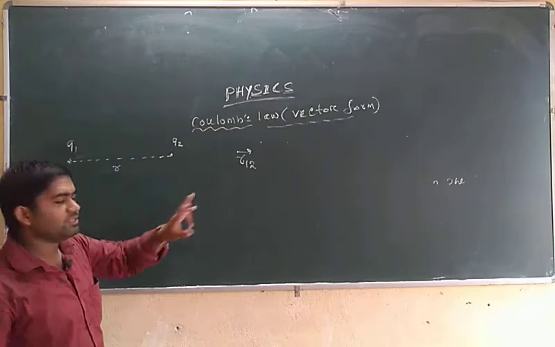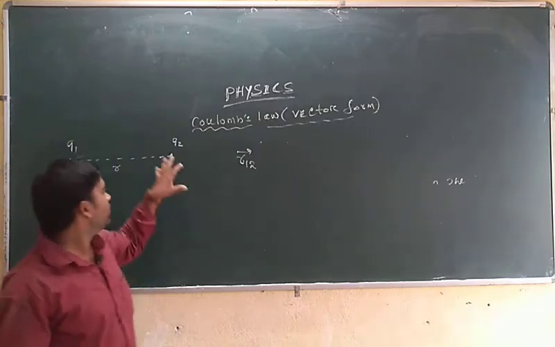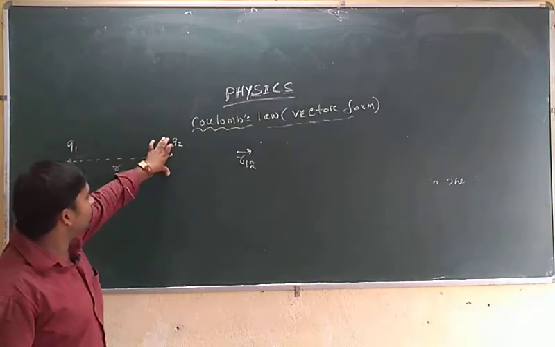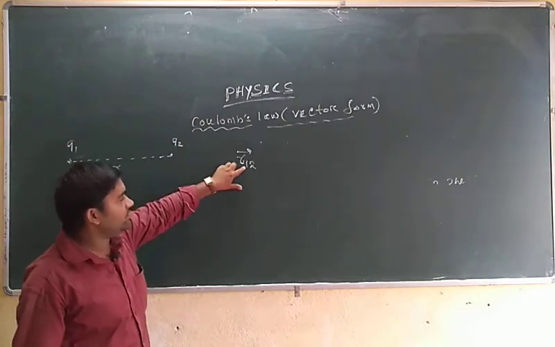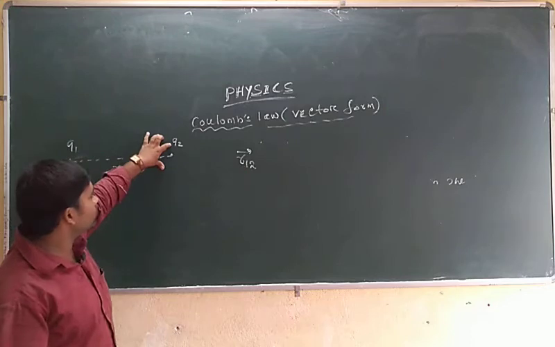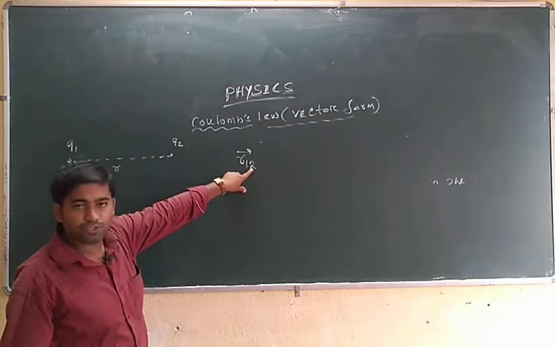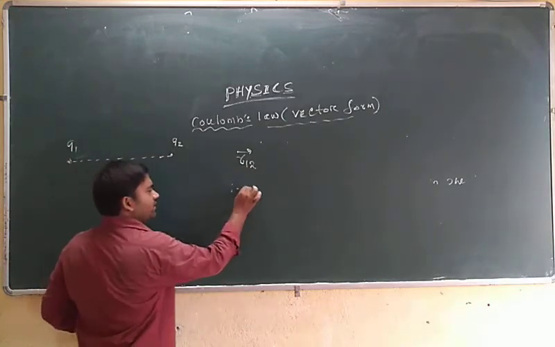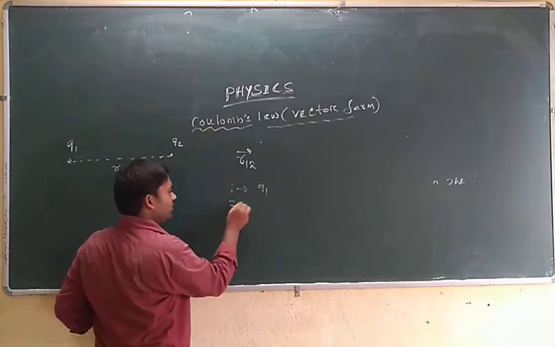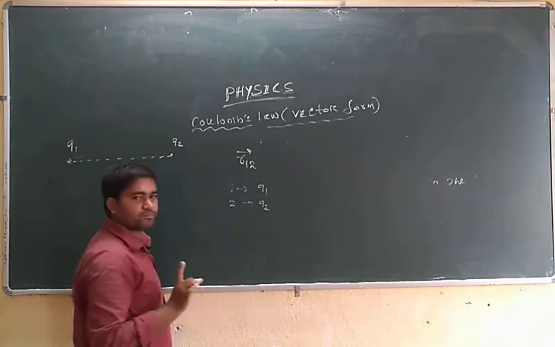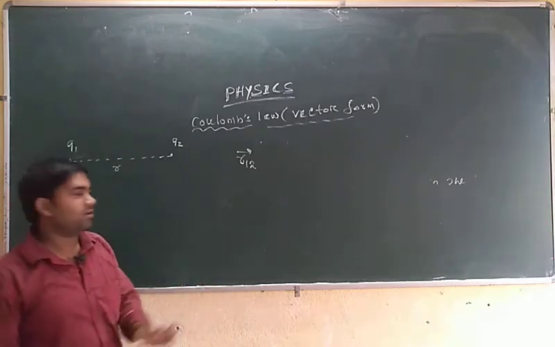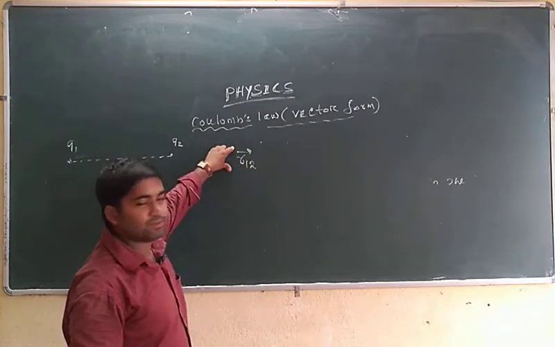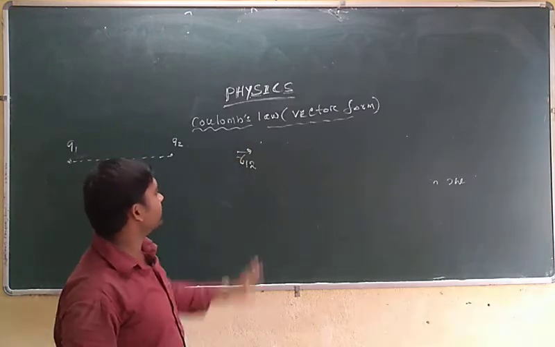Remember there are two charges, one is q1, another one is q2. The q1 charge is represented by the index 1 and the q2 charge is represented by the index 2. When we write the term R12 vector, what does it mean?